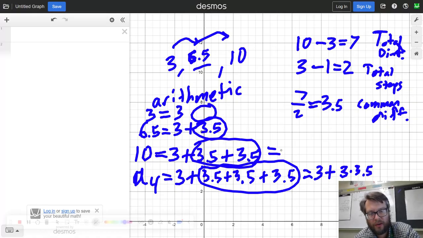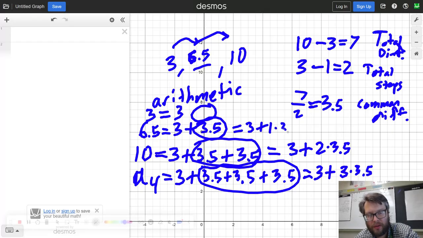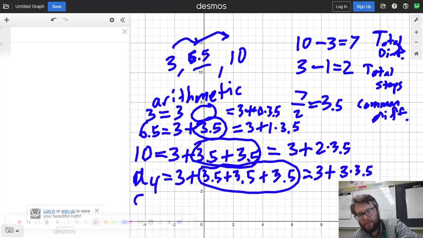For the third term, I'm doing 3 plus 2 copies of 3.5. For the second term, I'm doing 3 plus 1 copy of 3.5. And for the first term, I'm doing 3 plus 0 copies of 3.5.